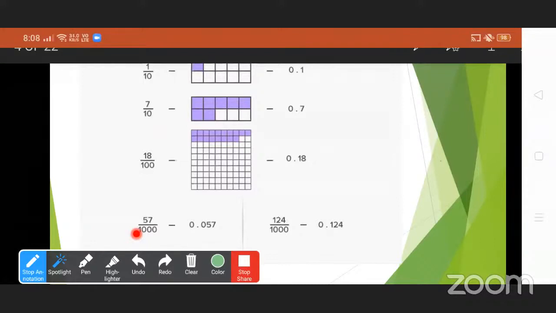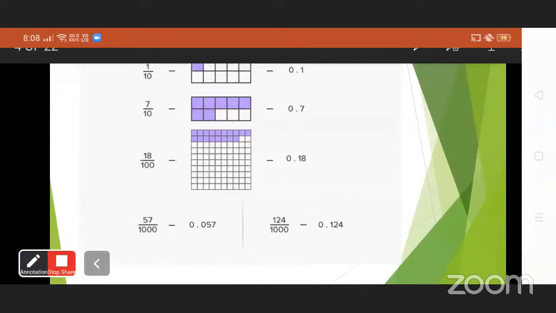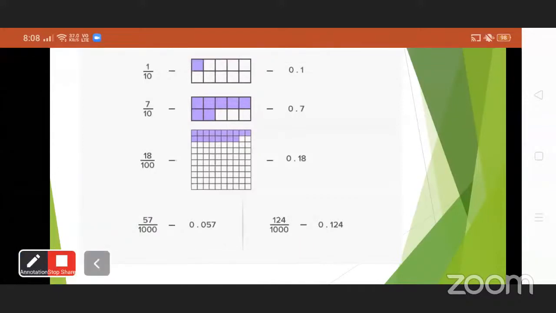Yes. Read 0.057. Okay, now the next one is 124/1000. And the decimal form is 0.124. That's right. Very good.